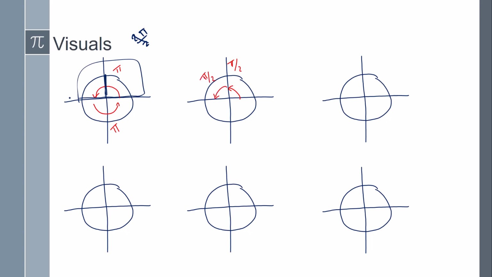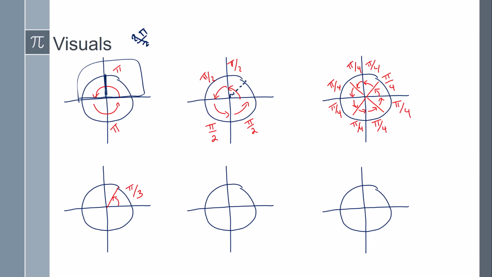So pi halves plus pi halves is pi. Plus another 2 pi halves is another pi. Add them together, you get 2 pi. And I could cut this even further. I could cut this pi half in half, and that's going to be a fourth. And so I can go through the entire circle and cut it into fourths. I can do the same thing with thirds.